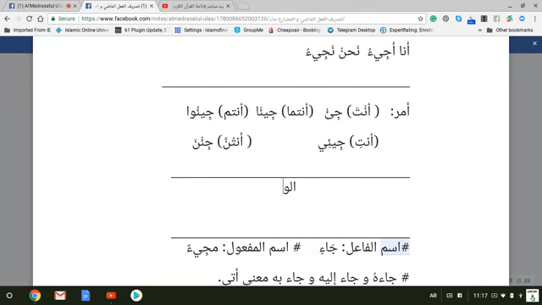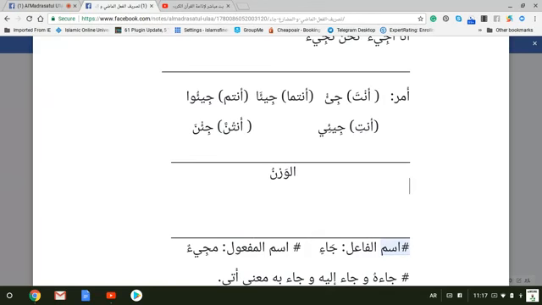In Arabic, fa'ala, for this verb, yaf'ilu.